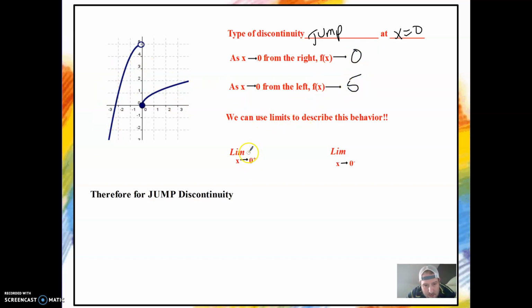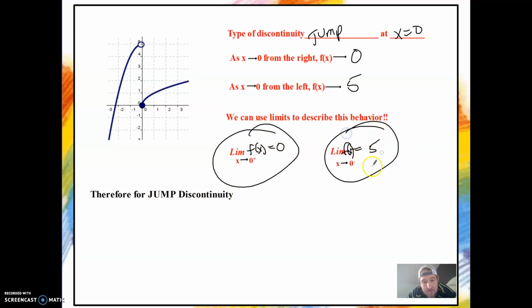So therefore, jump discontinuity. Whenever you have two numbers that are different, that's a jump discontinuity. If approaching from the right-hand side gives a different answer than approaching from the left-hand side, then you know it's a jump.